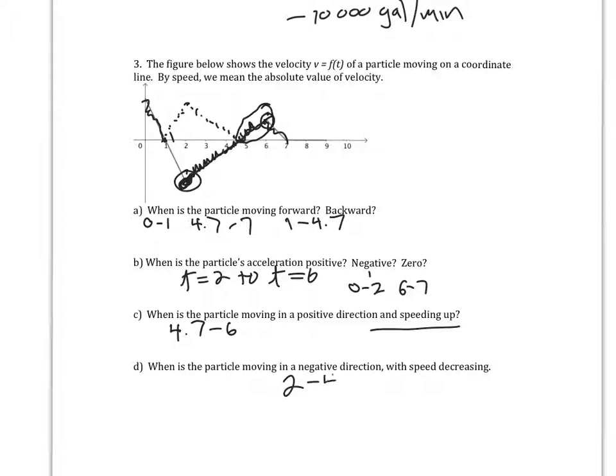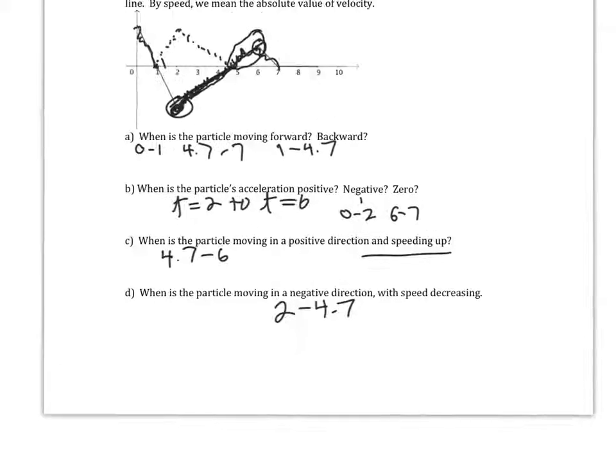And so again, over that interval, our velocity is negative, as we can tell because that portion of the velocity curve is below the x-axis, and our velocity is going closer and closer to 0 over that interval. So our speed is decreasing. Okay, and that is it.